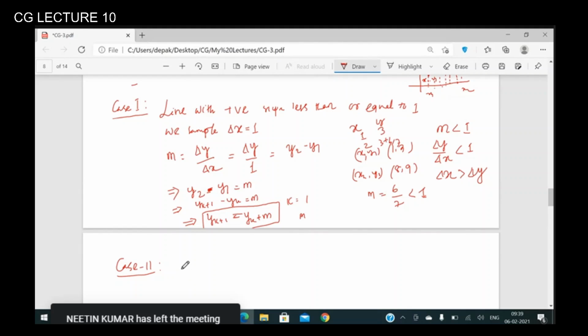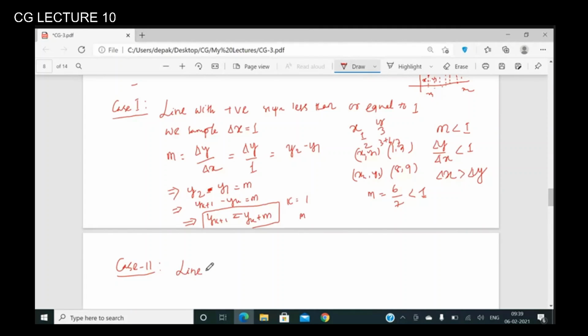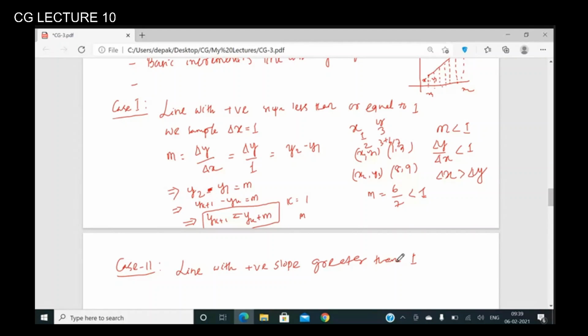So case number 2 is a line with positive slope, and the slope is greater than 1. So if the slope is greater than 1, what will be the case?